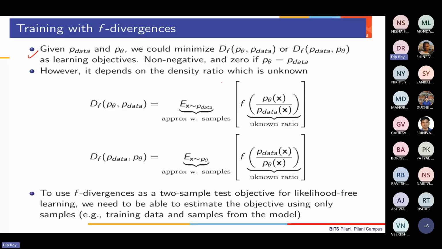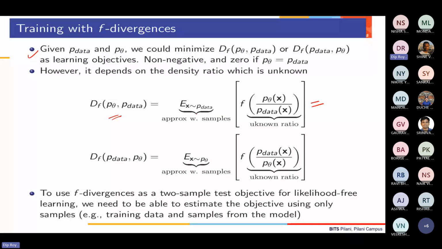You have this F divergence, given by this particular formula, F of P theta by P data of X, and obviously you have an expectation on the outside, and the expectation is over samples of P data.